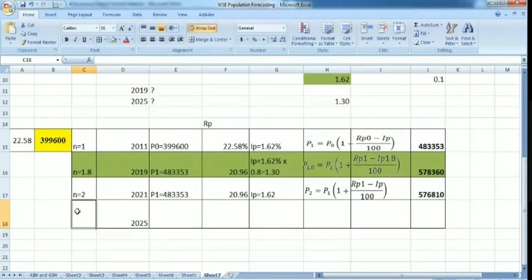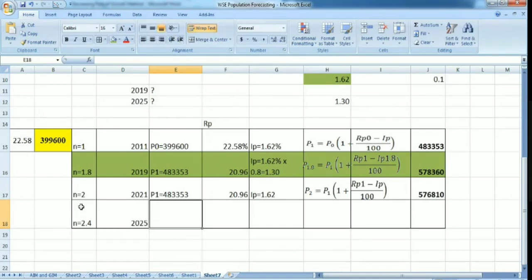That means here, what is the n value between 2025 and 2011? 2025 minus 2011, how many years are we going to have? 24 divided by 10, that means we are going to have 2.4. Am I right?